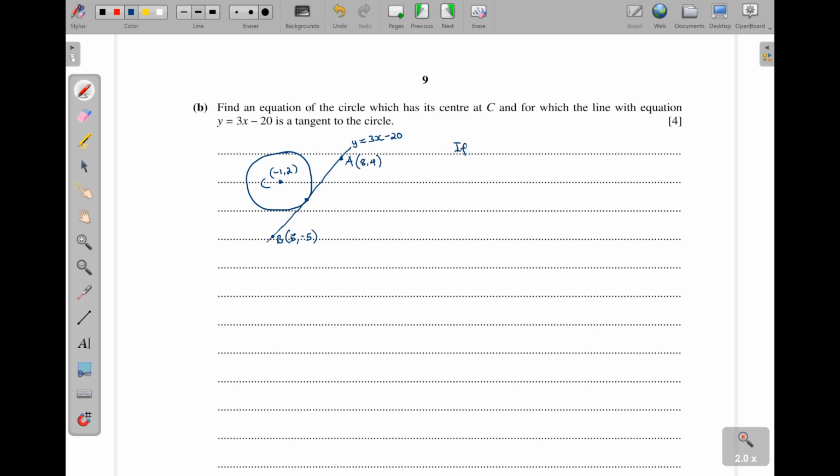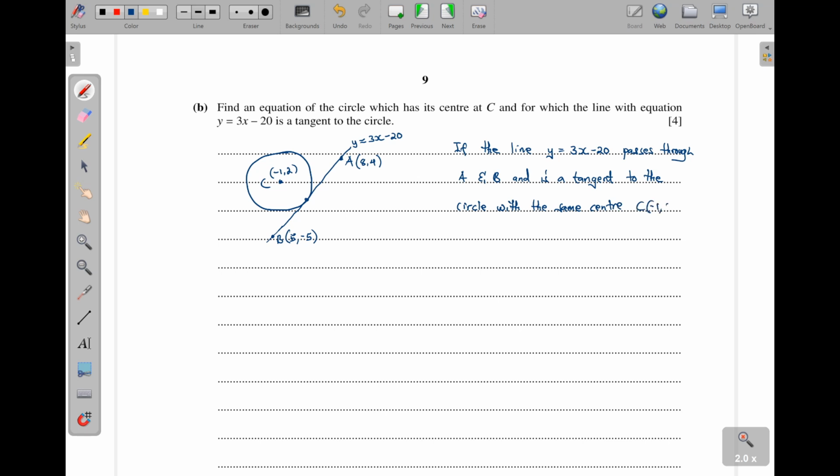If the line y is equal to 3x minus 20 passes through A and B, and is a tangent to the circle with the same center, which center do we have?